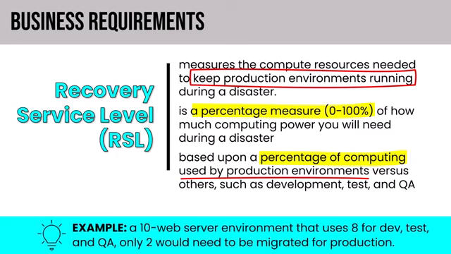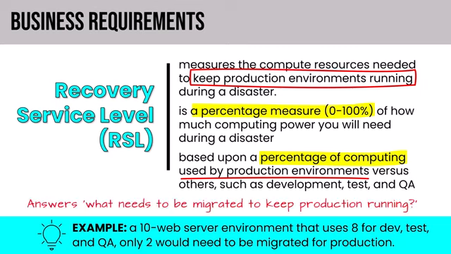So for example, if I have a 10 web server environment and 8 of those servers are used for dev, test, and QA, I'd only need to bring the 2 production servers into my DR environment. I'm only going to migrate what I need to keep the production trains running, so to speak. But that recovery service level answers the question, what needs to be migrated to keep production running?